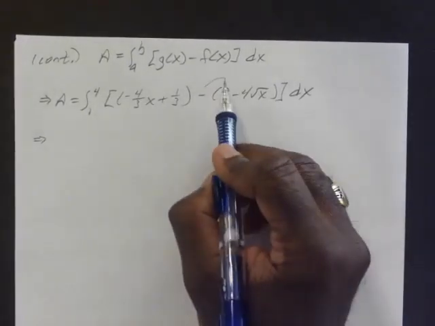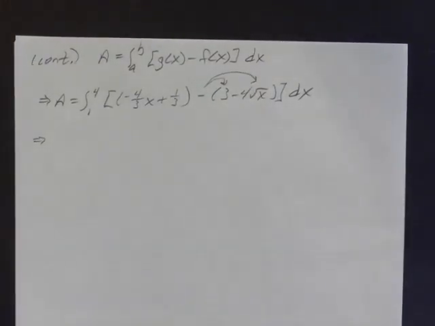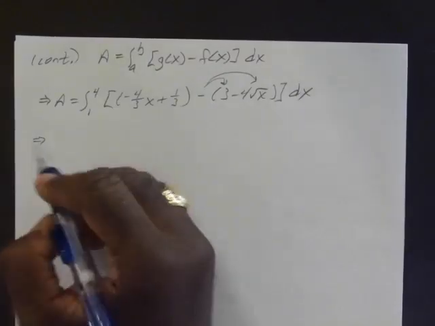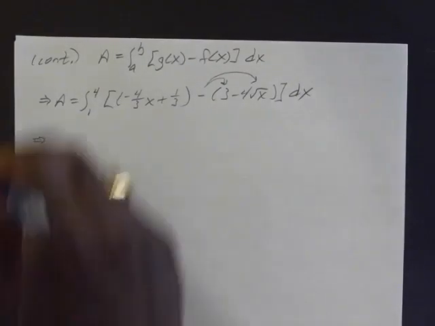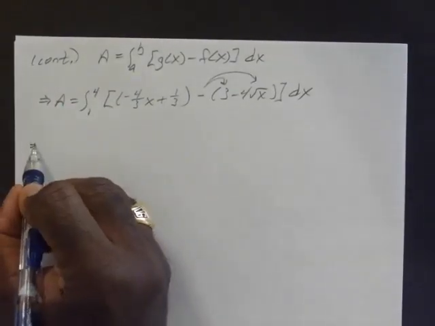All right, so here we can just go ahead and get rid of the parentheses by distributing that negative, or that minus. Let's move that arrow down just a little bit. Here we go.